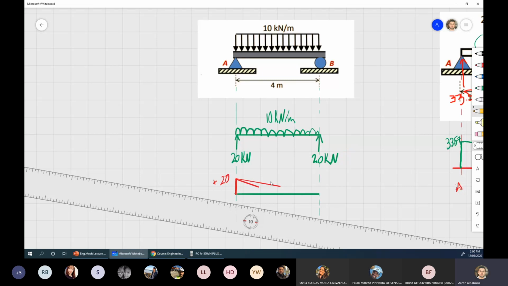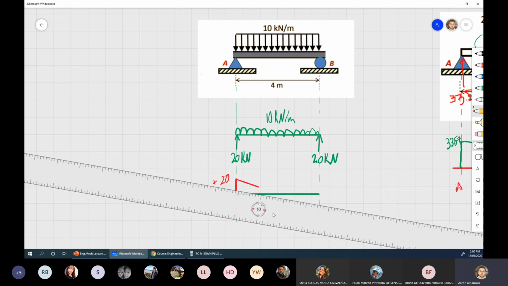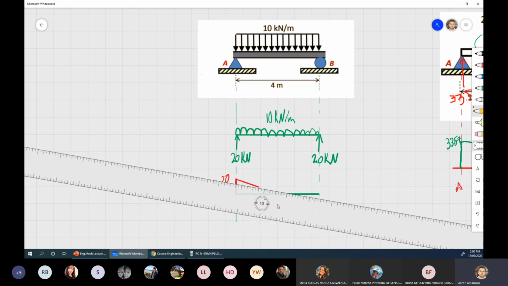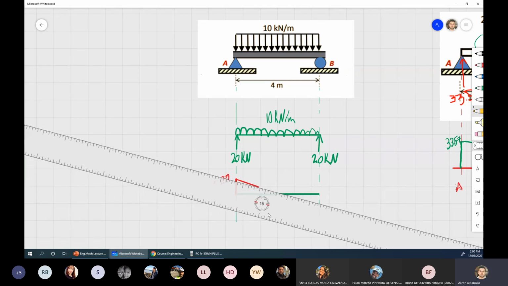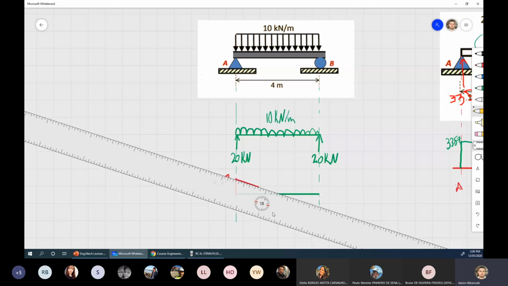All you need to know is I'm starting from 20 and I should be ending at 20 minus 40. The value here, 10 by 4, is 40. 20 minus 40 is minus 20. So I don't care what the reaction at the other end is. The reaction at the other end should be used to check my results, not to give me the results.